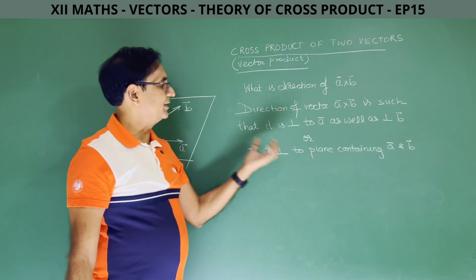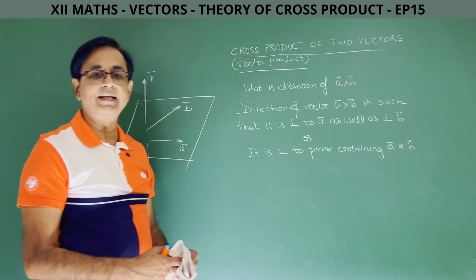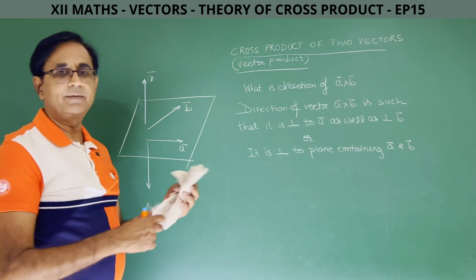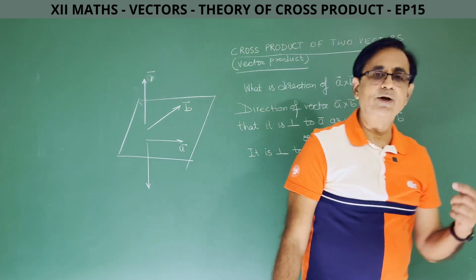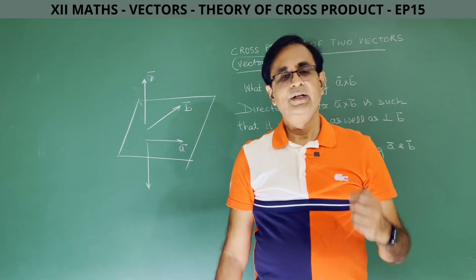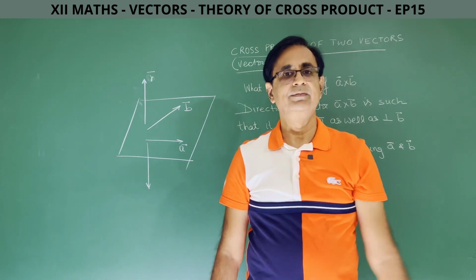A cross B is a vector which is perpendicular to A as well as B, or it is perpendicular to the plane containing A and B. So now you know that A cross B is a vector. What is its magnitude? Magnitude of A, magnitude of B into sine theta.